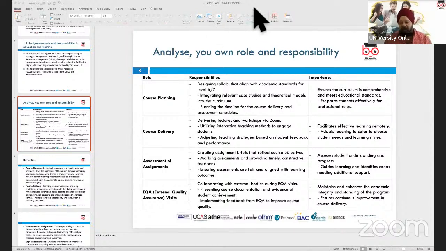But I think 9 out of 10 times, what I've seen with this particular qualification is that learners treat this as a comprehensive repository, which they will then use on a day-in, day-out basis when they actually get into teaching.